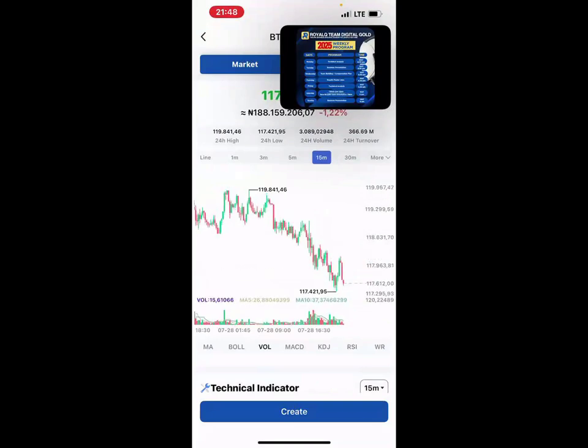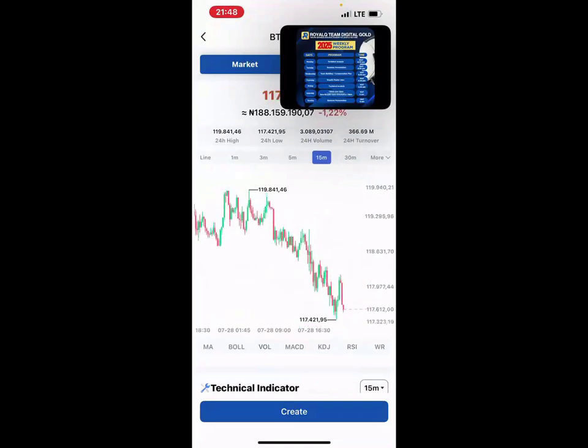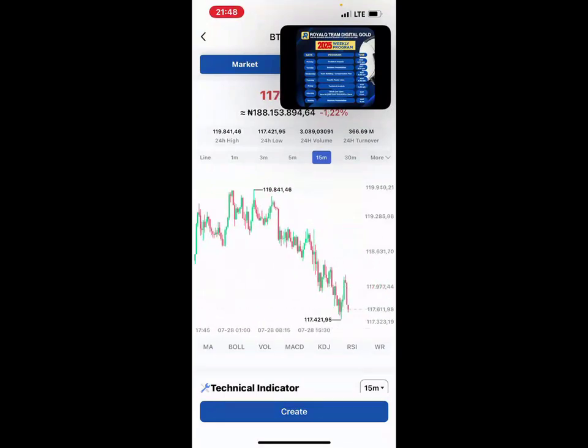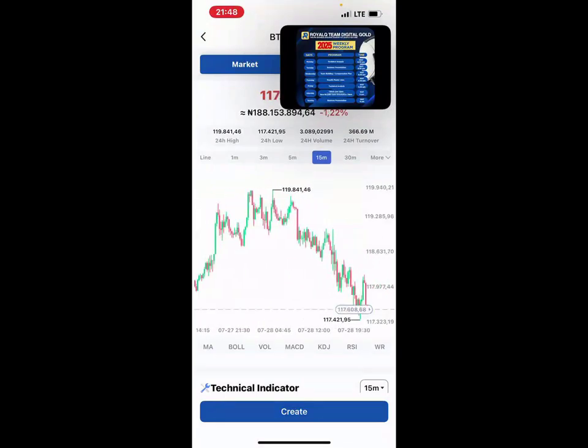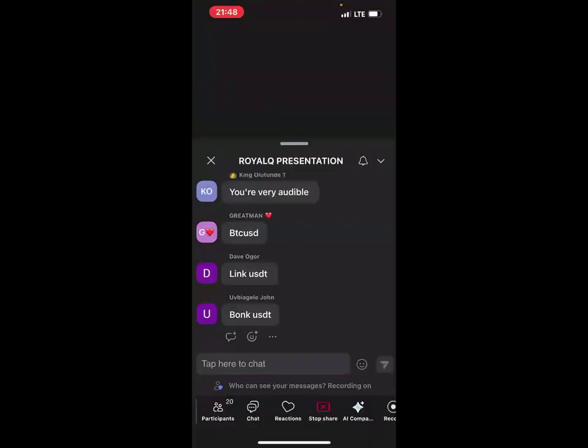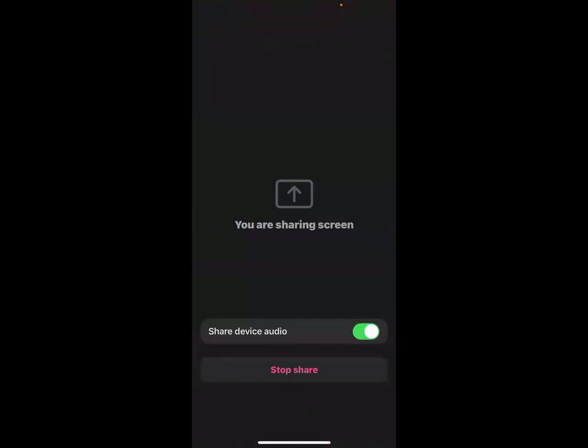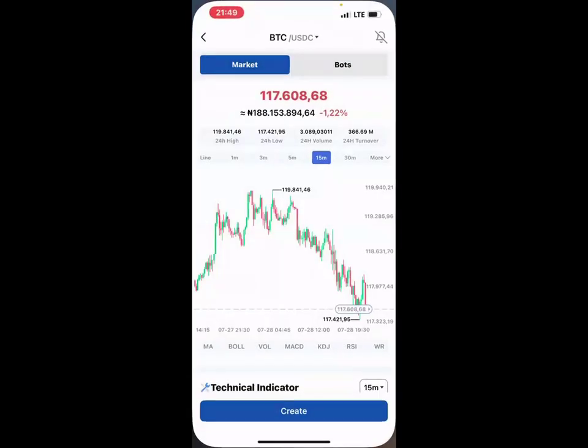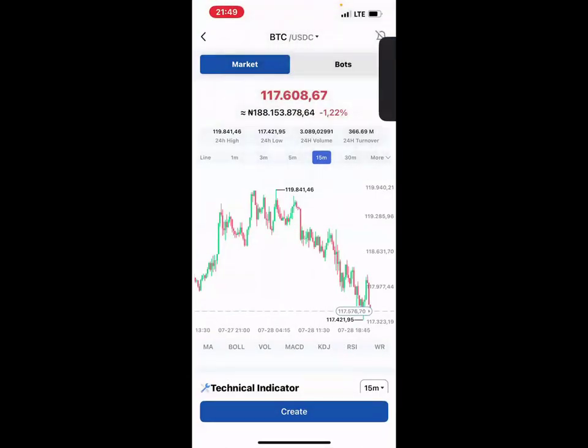Now I'll just take off all the indicators that we have here, and we have a plain chart. And the time frame on here, we have a different time frame on our charts.